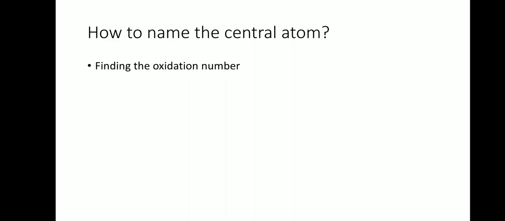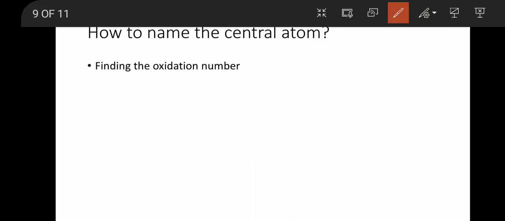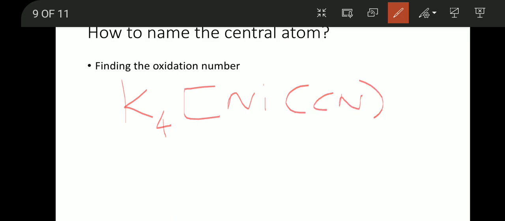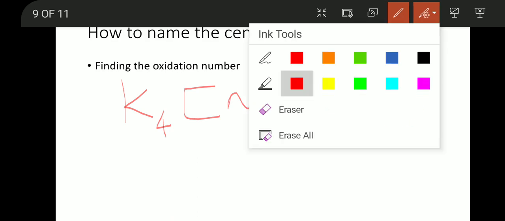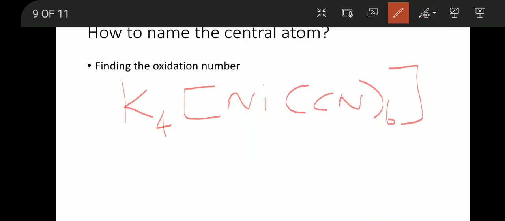Then finally we come to the central atom. So how to name this central atom? First, here also you have to find the oxidation number. How do we find this oxidation number? I'll take an example. In this case, K4[Ni(CN)6]. Here we have 4 Ks, so we can take it as potassium.